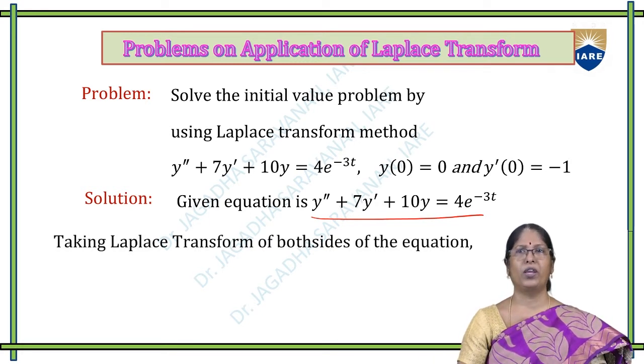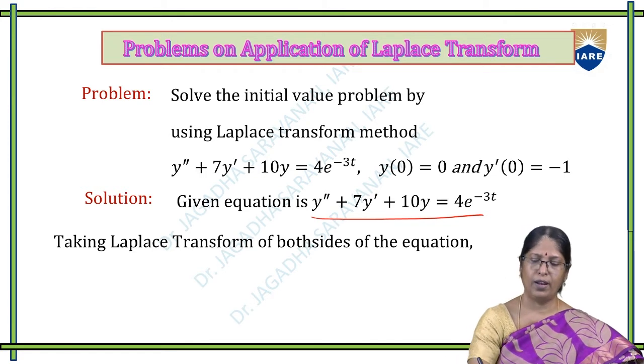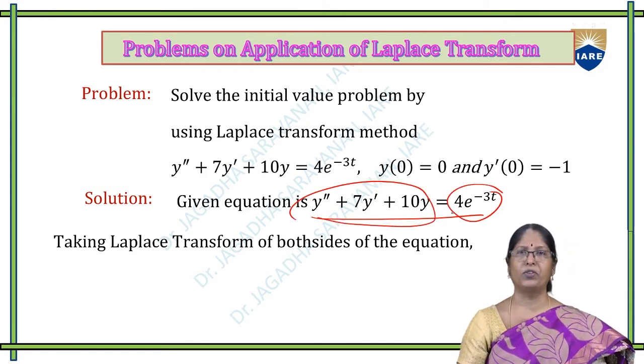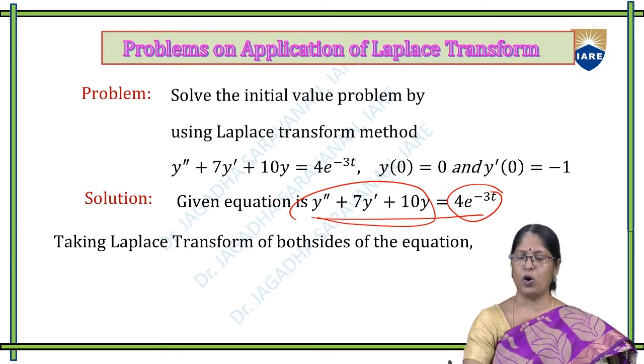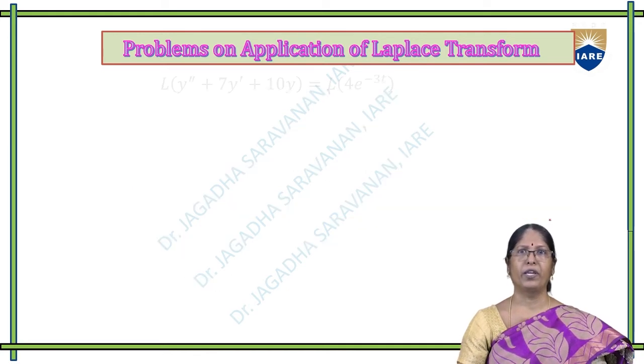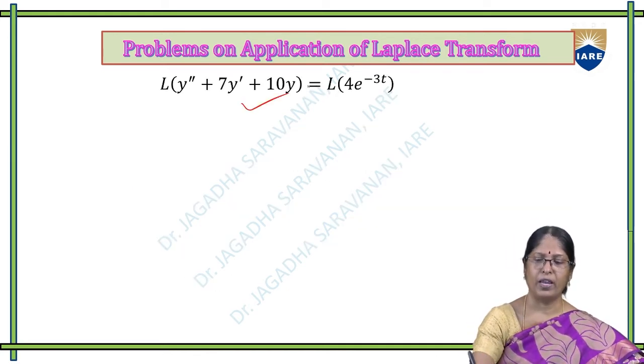We are going to take both the sides, left and right, and take the Laplace transform. So the Laplace transform operator is capital L, so we will be applying L of.